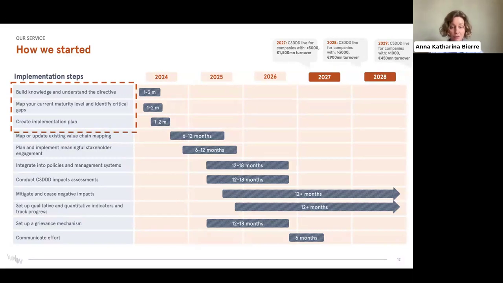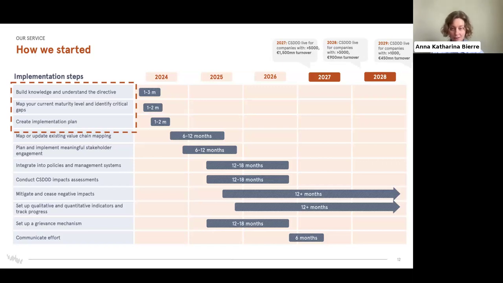And the first is, of course, to start building knowledge and understanding the directive. A lot of the companies that we talk with have, of course, already started this process, and it's also naturally built into our services. It's also something that we experience throughout our projects, that there is both a wish and a need to upskill across the entire organization.